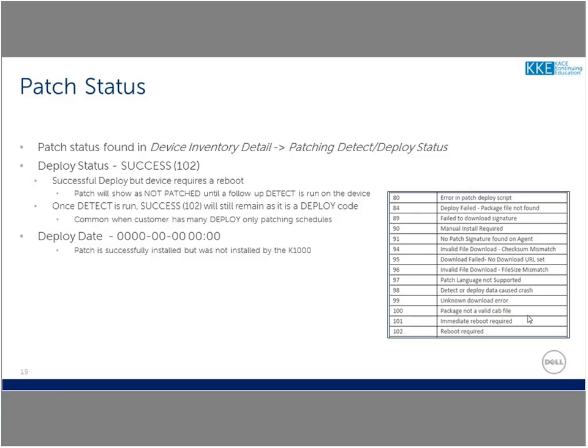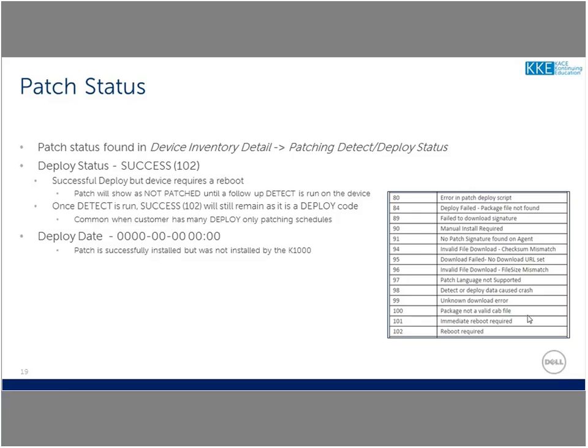And you might see other patches that are listed as being installed on the machine, but have no deploy date. So how can they be deployed onto the machine but not have a time and date stamp of when they were deployed?